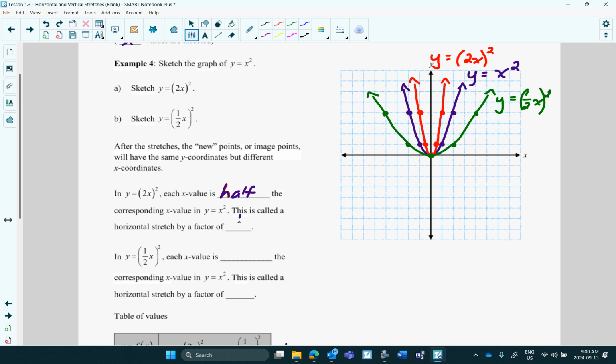Therefore, we call it a horizontal stretch by a factor of 1/2. And in (1/2 x)², each x value is the reciprocal of 1/2 multiplied by, or twice, which is a horizontal stretch of 2.